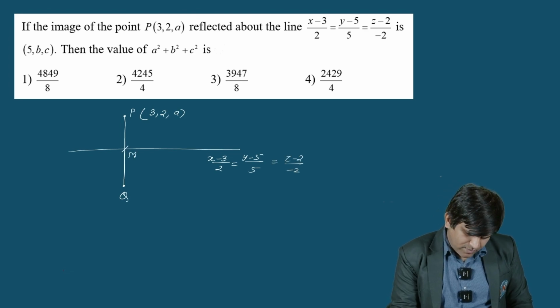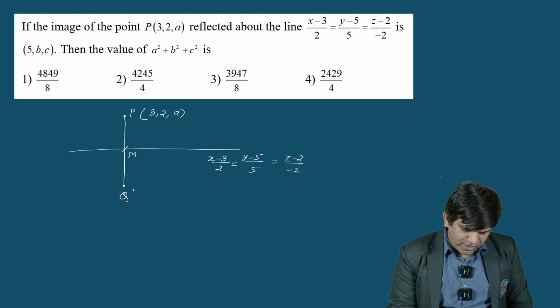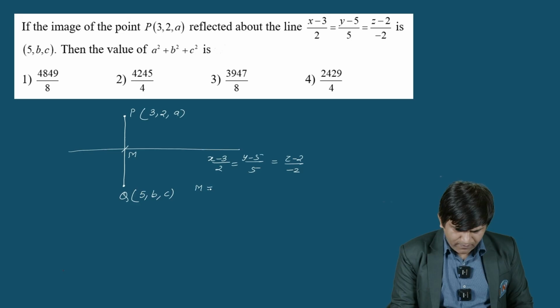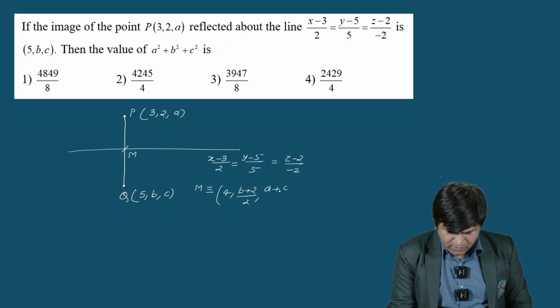Let's say M is the foot of the perpendicular from the given point. Obviously M is the midpoint of PQ. So the midpoint of PQ, M, we can write as (3 plus 5) by 2, so that is 4, (B plus 2) by 2, and (A plus C) by 2.